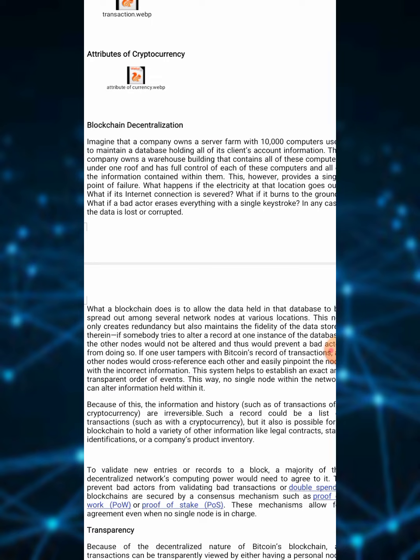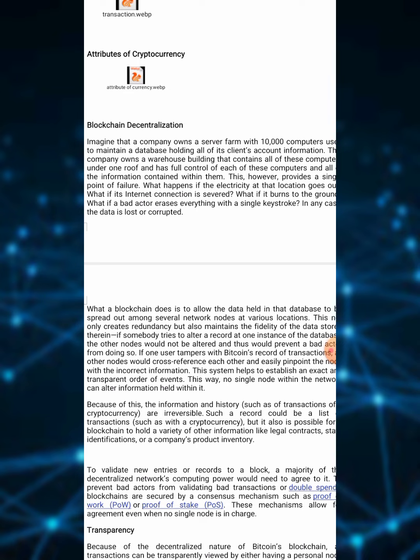So guys, this is not only to create redundancy, but also to maintain the fidelity of the data stored within. If someone tries to alter a record at one instance of the database, the other nodes would not be altered, and thus this prevents bad actors from doing so.